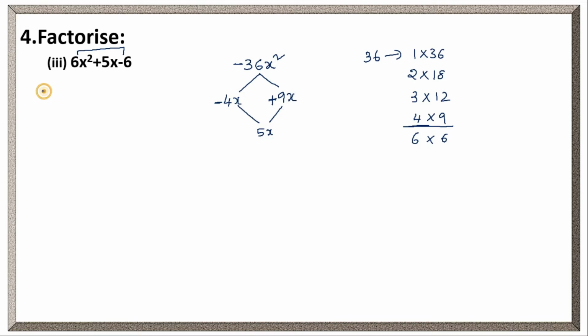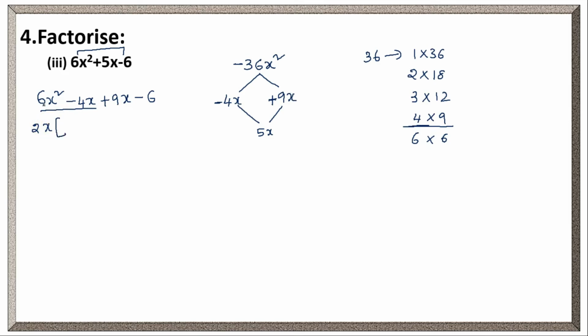Clear? Here first term as it is we have to write. In the place of 5x we can write these two terms, minus 4x plus 9x, minus 6. Last term, constant term, also we have to write as it is. In the first two terms, what can we take as common? 2 I can take common, and x also we can take common.